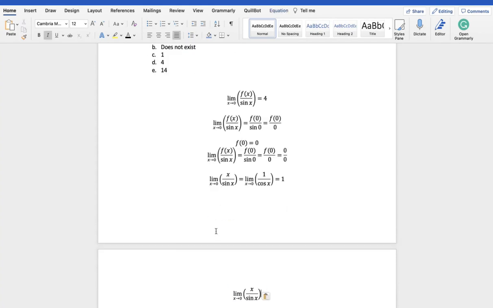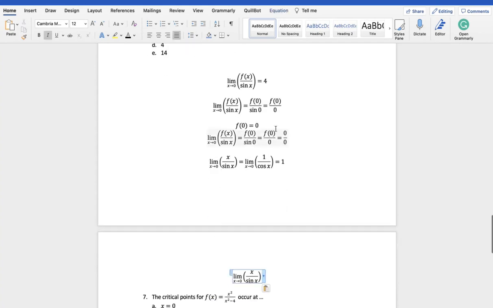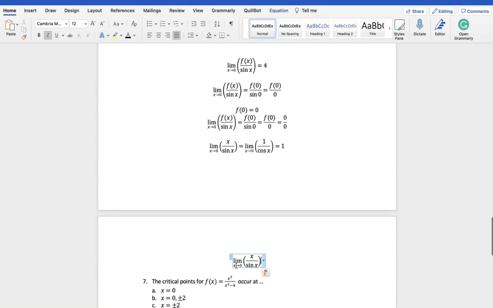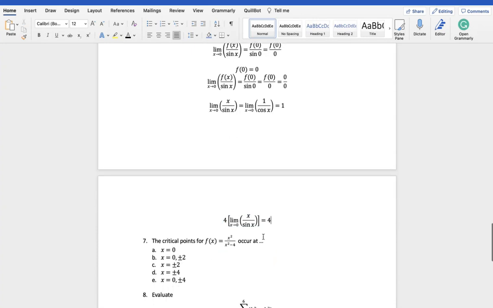Another way you can think about this is, if you already know this rule, which was derived from L'Hopital's rule, then you can multiply it by 4 on both sides. You're allowed to do that.